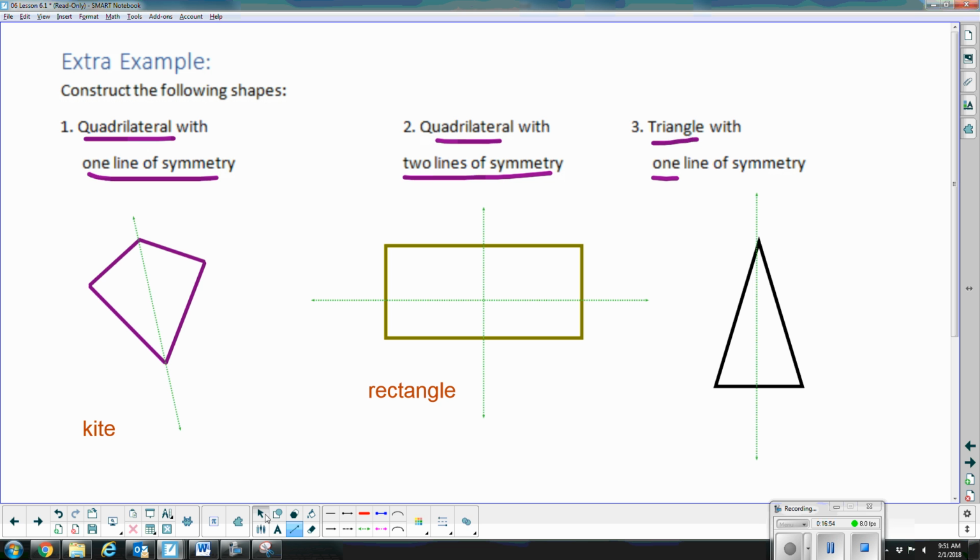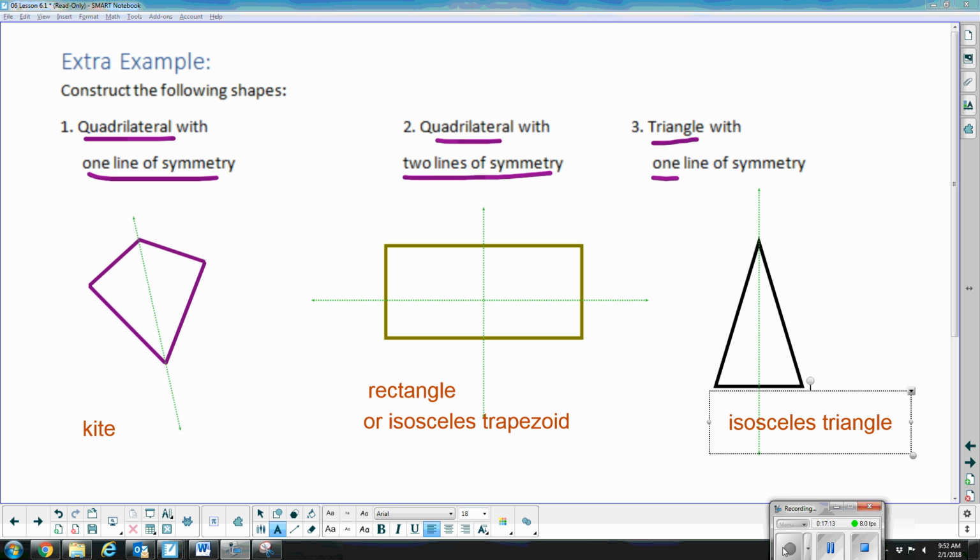Here is my 1 line of symmetry. Okay, this is not a line of symmetry. And this is not a line of symmetry. Okay, so I just have, with an isosceles triangle, 1 line of symmetry.